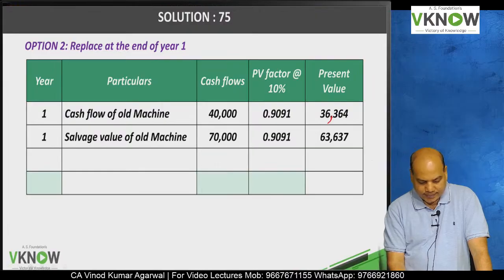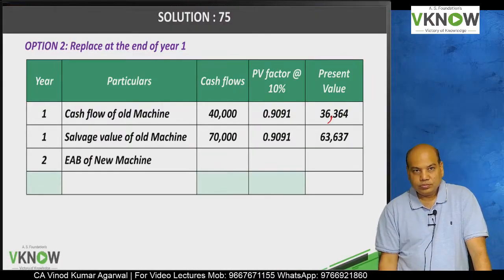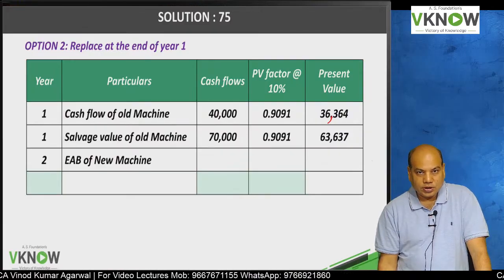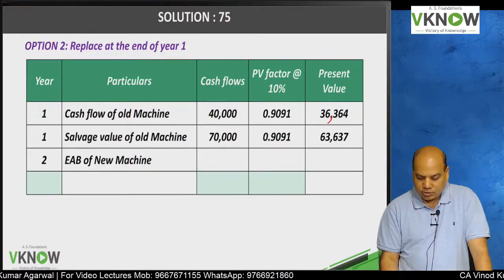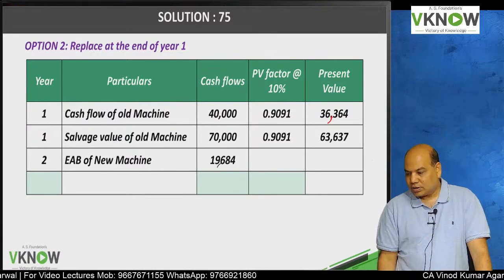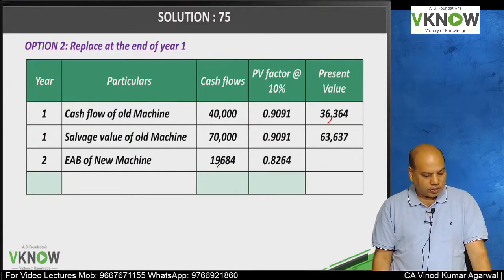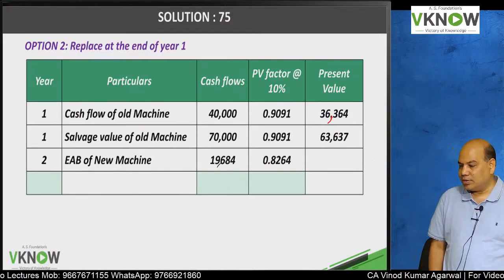Okay. Now next is year 2. Now you start using the new asset, EAB of the new machine, 19684, factor 0.8264. Can you please multiply.